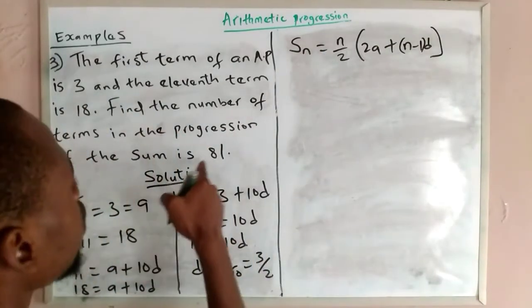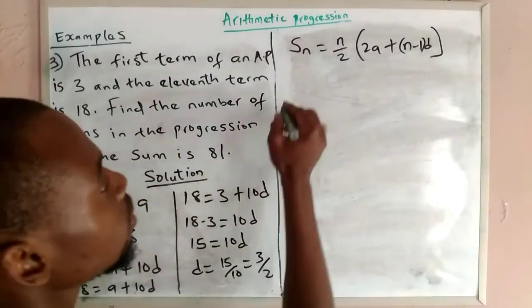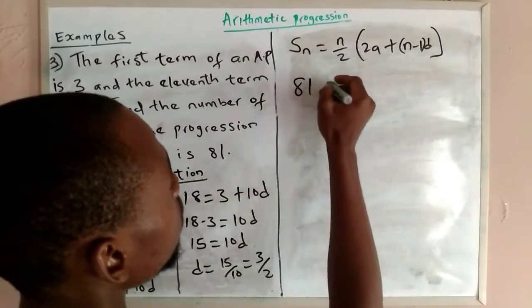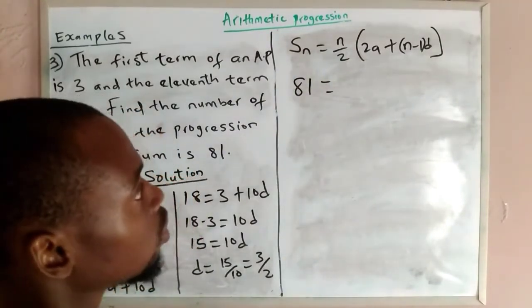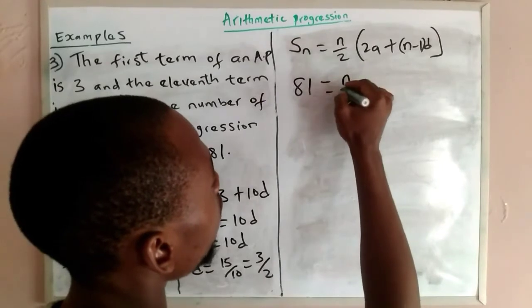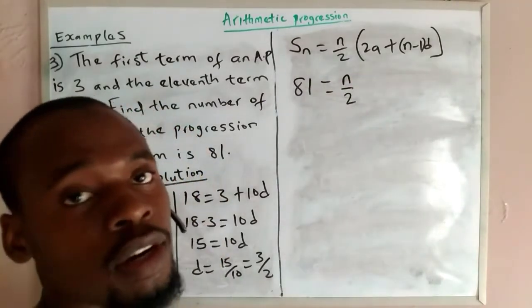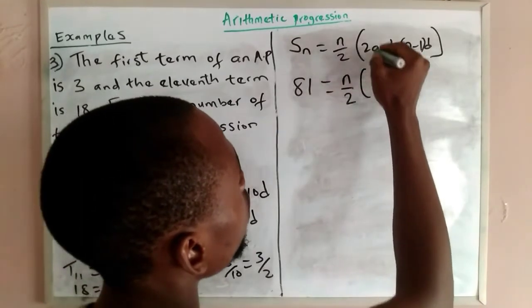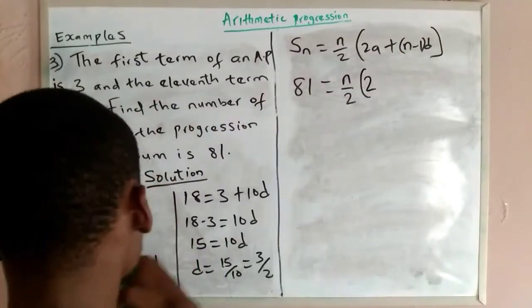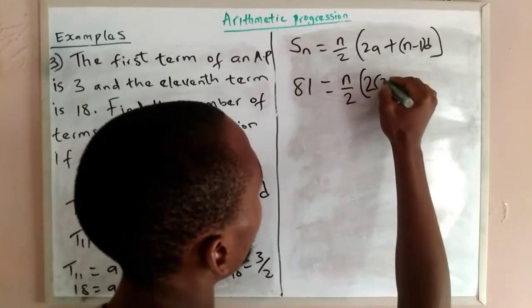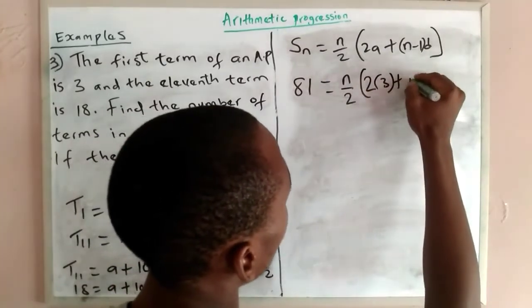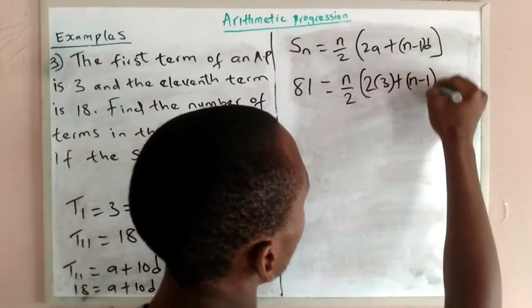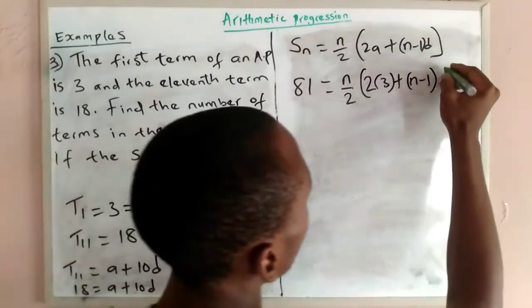So we know the sum is 81, but we don't know the number of terms. So this will be n over 2. Since we don't know the number of terms, our n still remains n, into 2 multiplied by a, our a is 3, plus n minus 1 d, our d is 3 over 2.